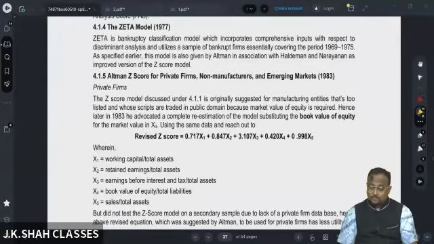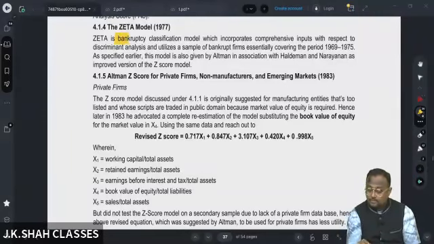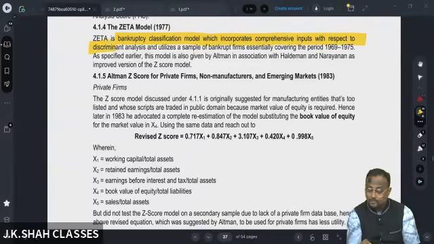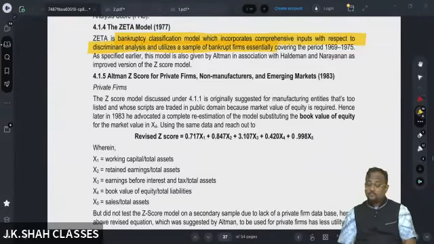The zeta model is a bankruptcy classification model which incorporates comprehensive input with respect to discriminant analysis and utilizes a sample of bankrupt firms, essentially covering the period of 69 to 75.